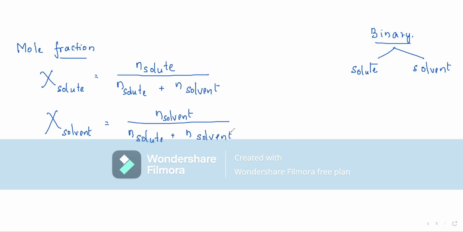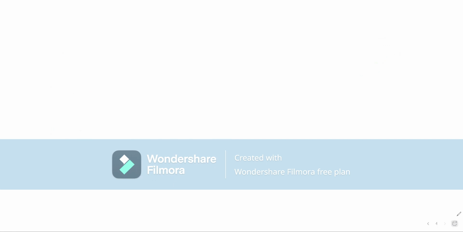So, mole fraction of a component is number of moles of that component by total number of moles. Since we need to deal only with binary solution, it's always X of solute plus X of solvent is equal to 1 for binary solution.